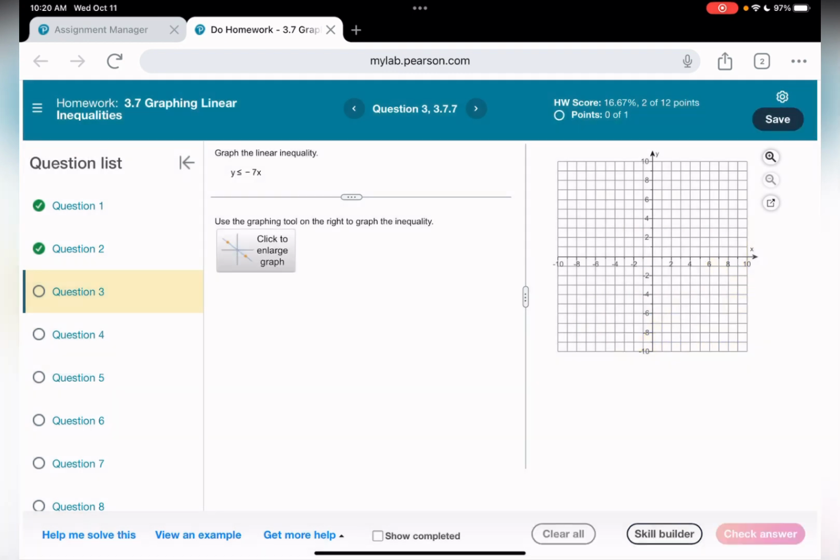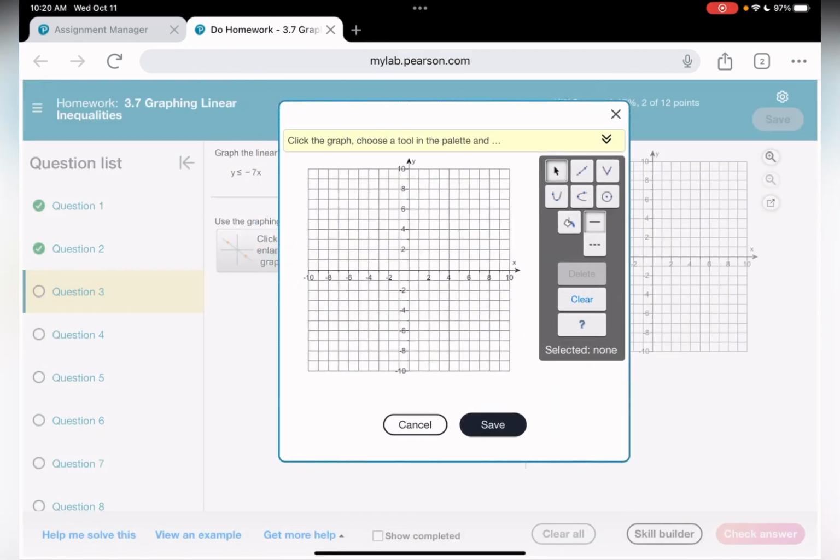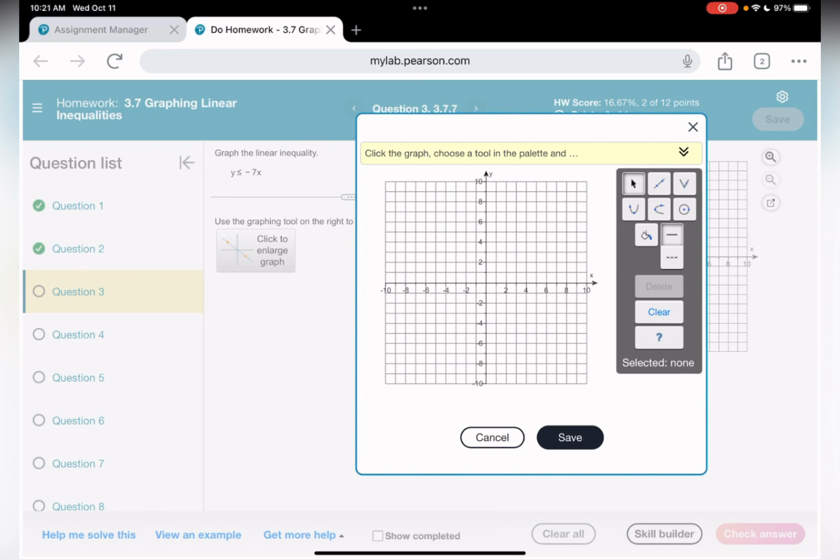The question: y is less than or equal to negative 7x. Okay, here we don't have an intercept, right? We have only a slope and x, which means when the intercept is missing, the intercept is 0, 0.